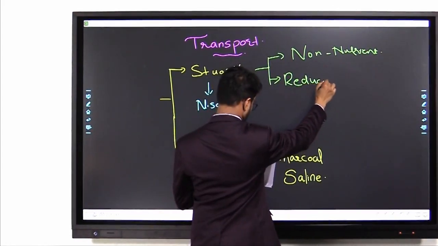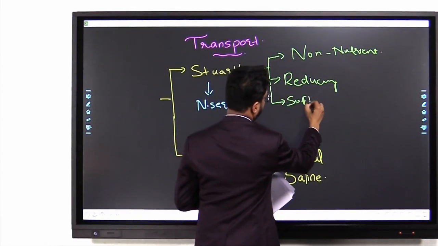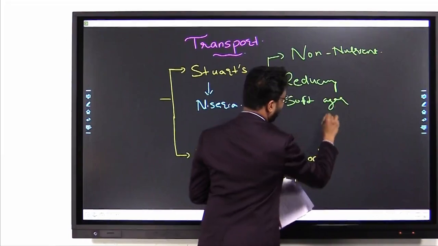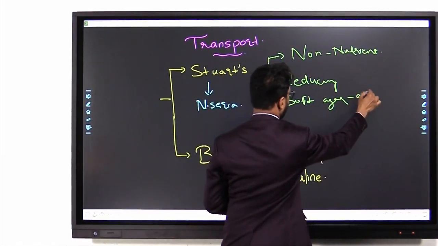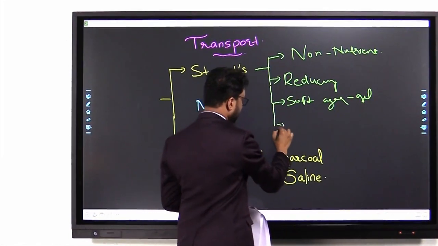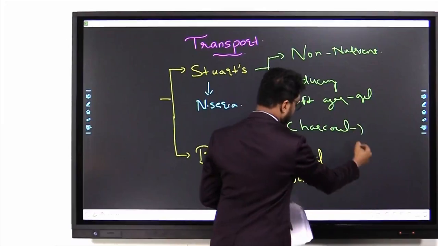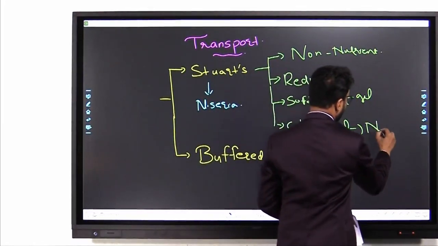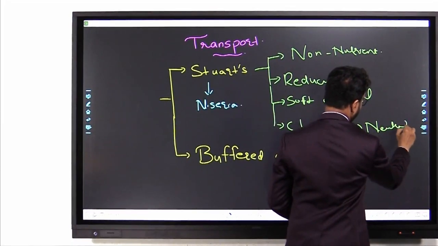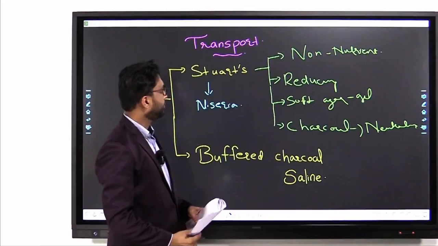And it contains just soft agar. Agar is just a base for the media. So soft agar gel, and very importantly, it contains charcoal. This charcoal is the substance which neutralizes the bacterial inhibitors. Okay. So just know it's a non-nutrient media.